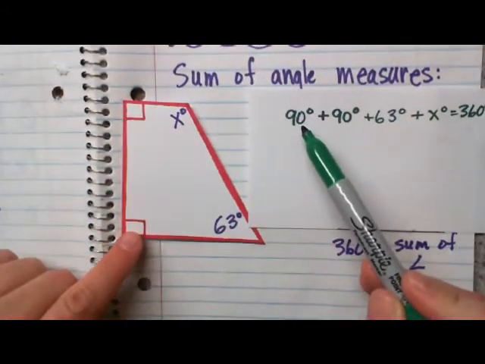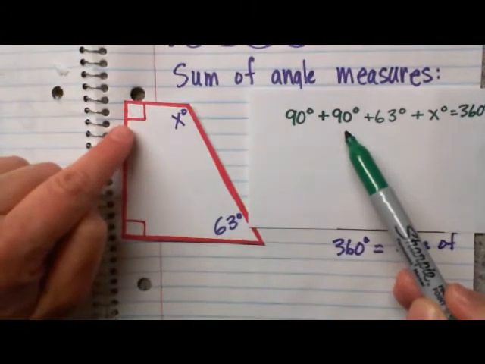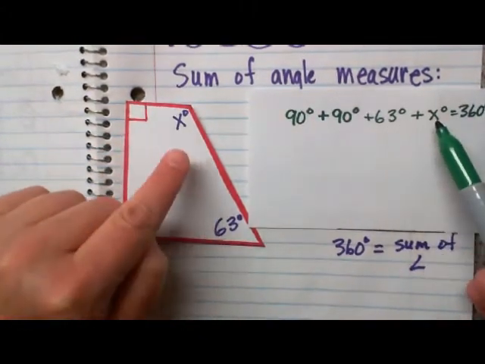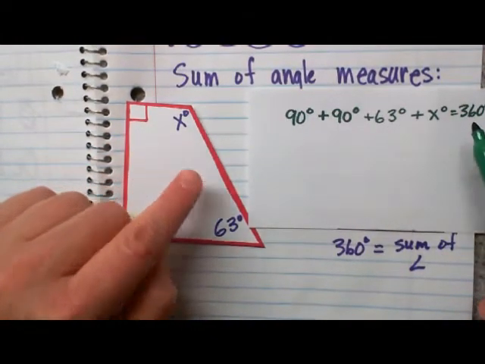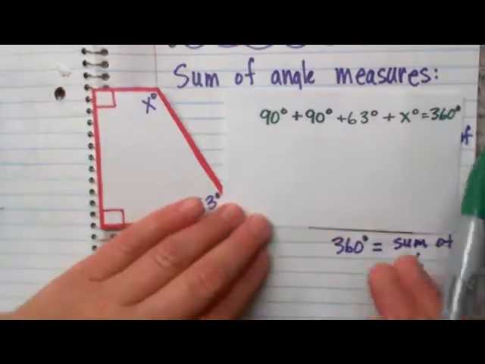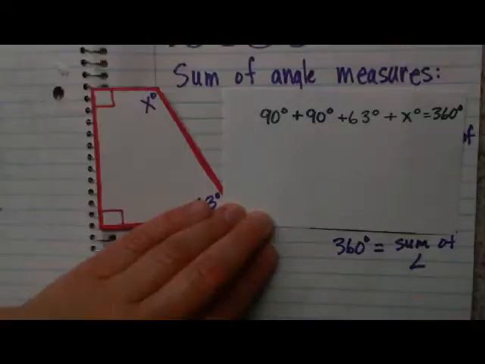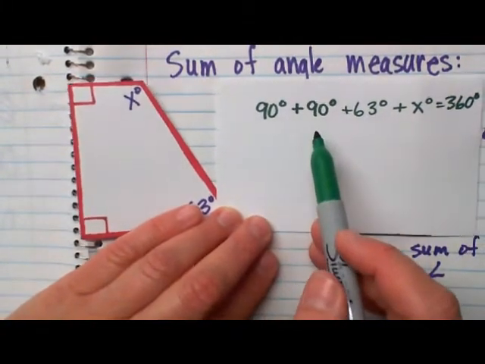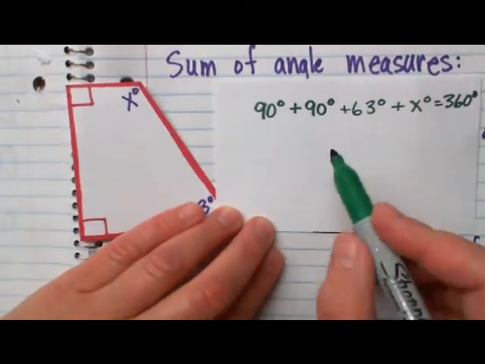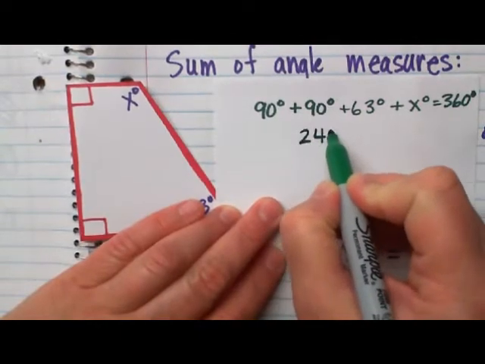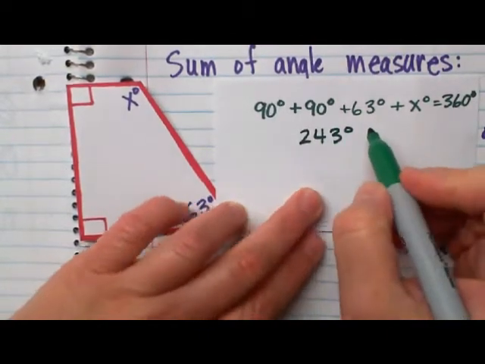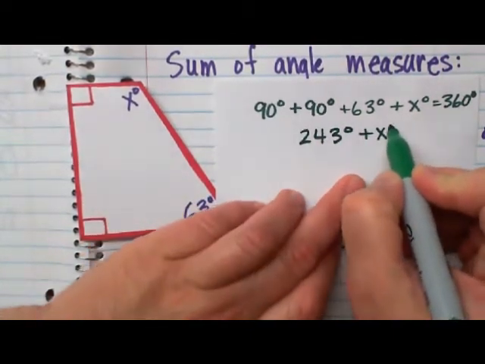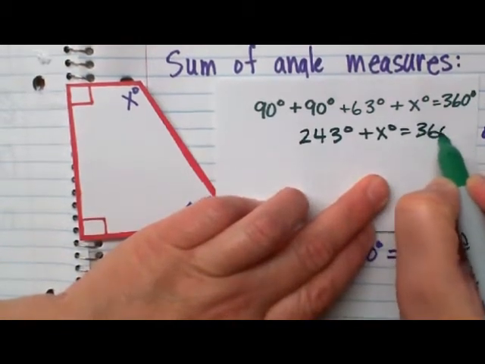We know that 90 degrees plus 90 degrees plus 63 degrees plus x degrees equals 360. So now we can just add these up. 90 plus 90 is 180, plus 63 more is 243 degrees, plus our x degrees equals 360.